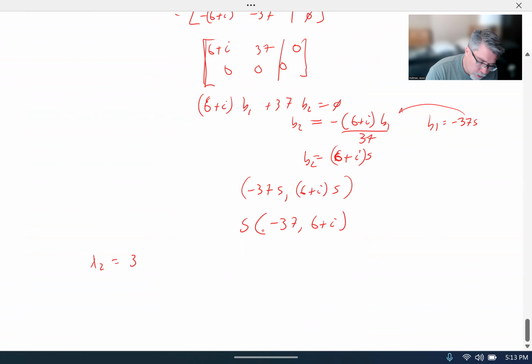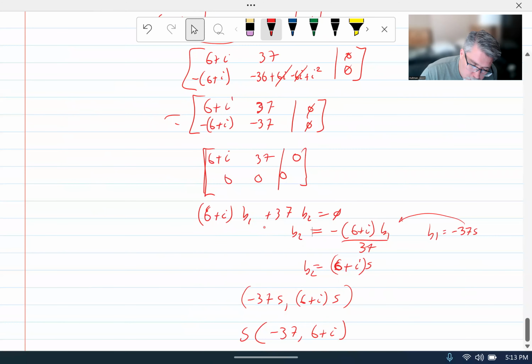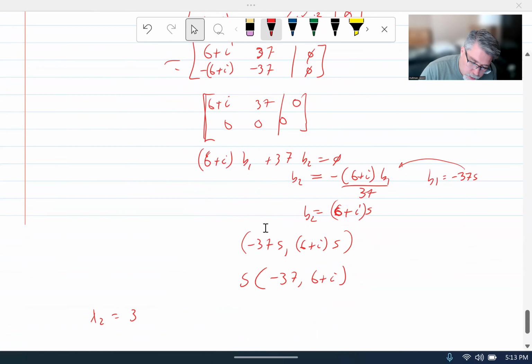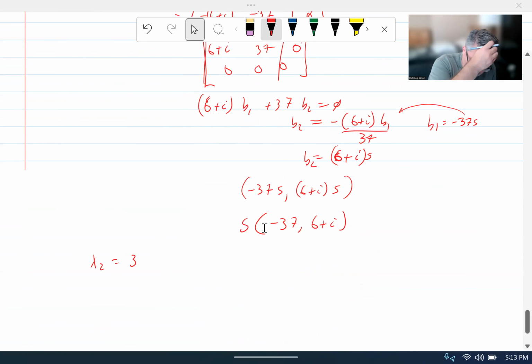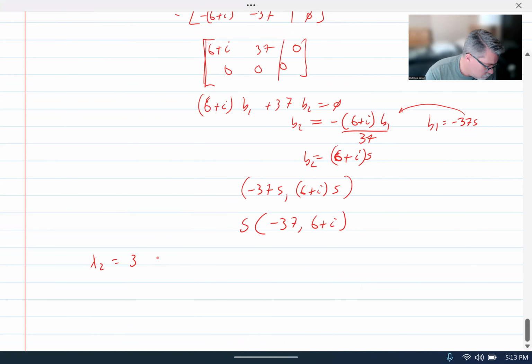Lambda 2 equaling 3. Is it minus i? I think it's 3 minus i. Yeah, it's 3 minus i. Lambda 2 is 3 minus i. And for 3 minus i, lambda 2, the eigenvector is negative 37 and 6 plus i.